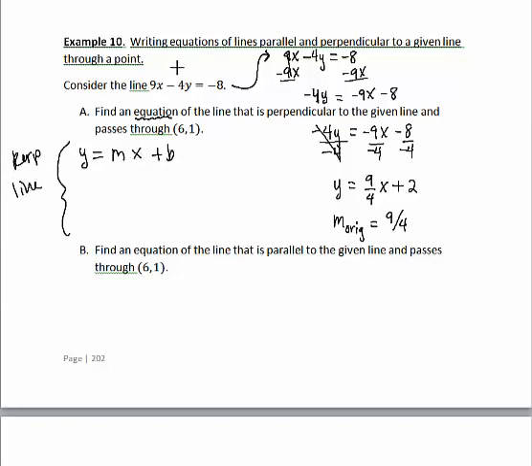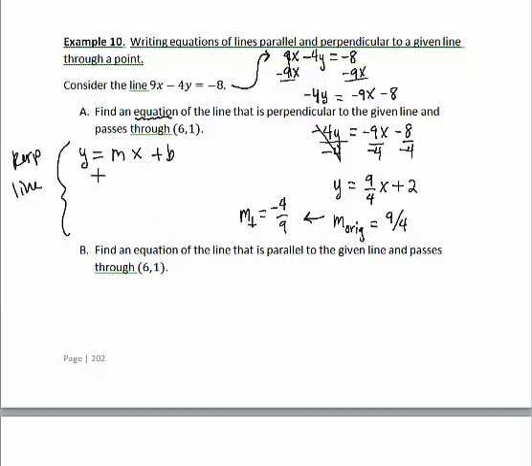Don't get it confused with this original one. This is our new equation. The first step is to figure out the perpendicular slope. So m perpendicular equals negative 4 over 9, the negative reciprocal of the original slope.